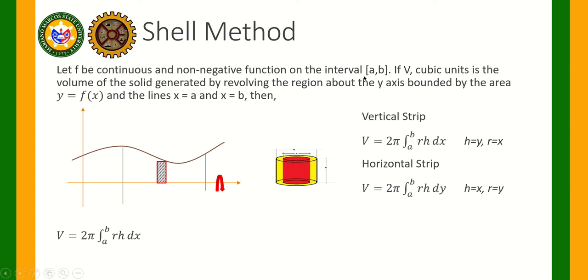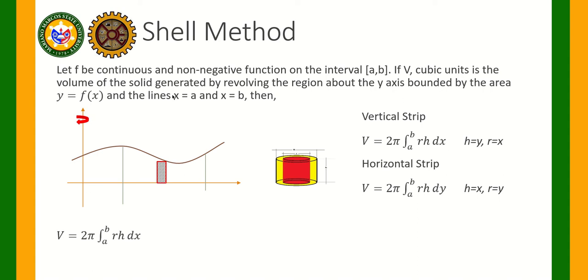So, yung x equal to a natin is this one. Yung axis of rotation natin should be here. Okay. So, yung axis of rotation natin is sa y-axis since dapat parallel sila. Yung strip natin and yung axis of rotation.